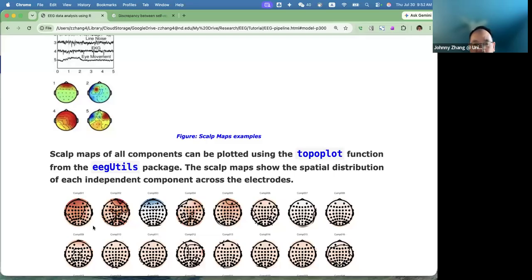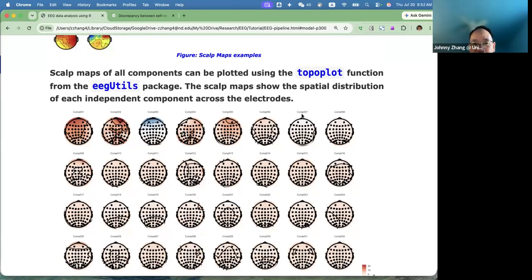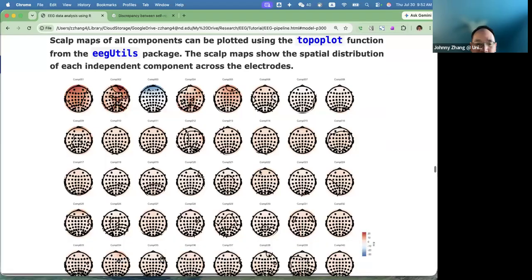For regular components like this, there seems to be no clear pattern, which probably means those are valid signals or neural sources.